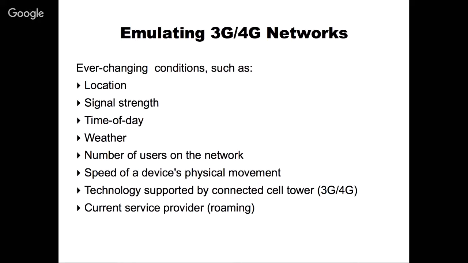Since bandwidth is shared and mobile devices are not stationary, mobile networks are constantly affected by ever-changing conditions such as location, signal strength, time of day, weather, number of users on the network, speed of a device's physical movement, the technology supported by a connected cell tower, and current service provider.